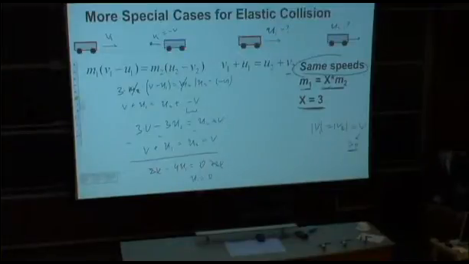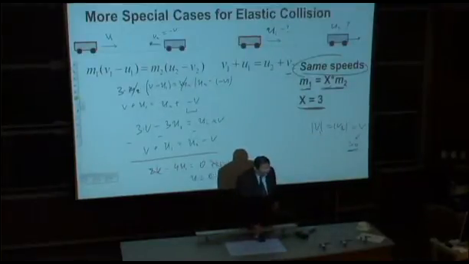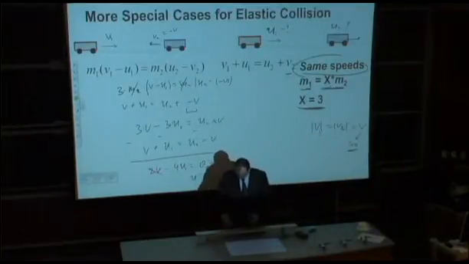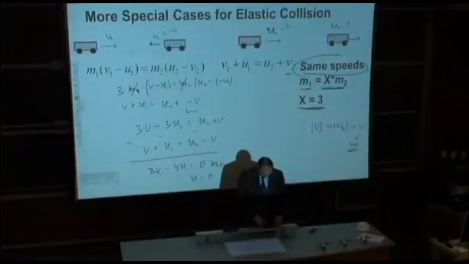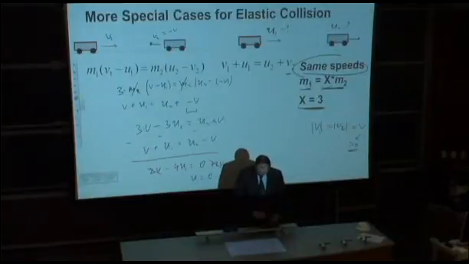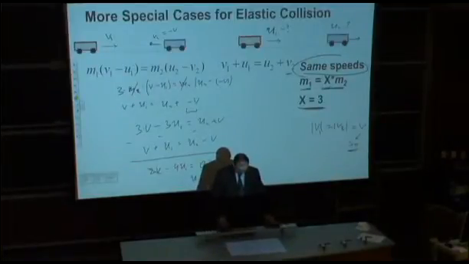Well, the only thing is, let's try. The only thing is they must travel with the same speeds initially. So this is about 250 grams. 250 grams. And that should be now 3 times heavier than this one. The only thing is they should travel with the same velocity.